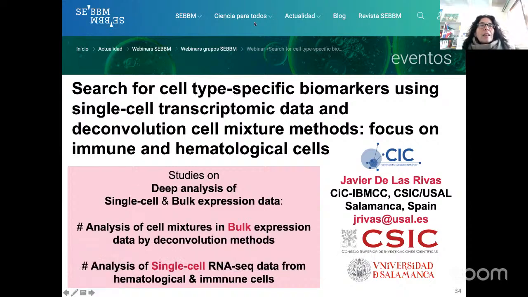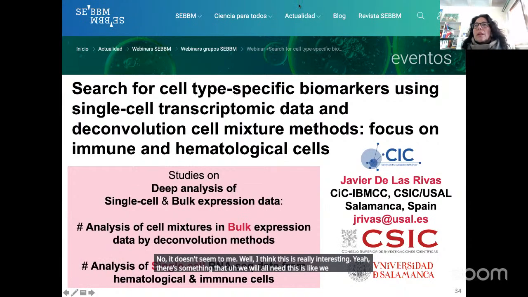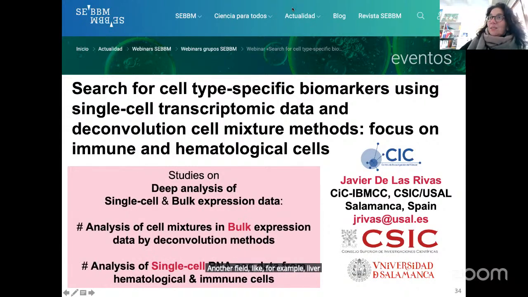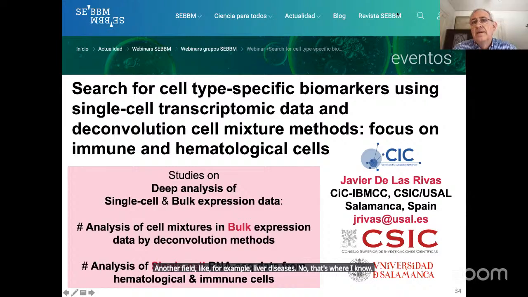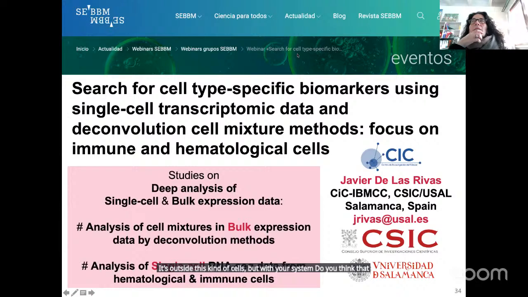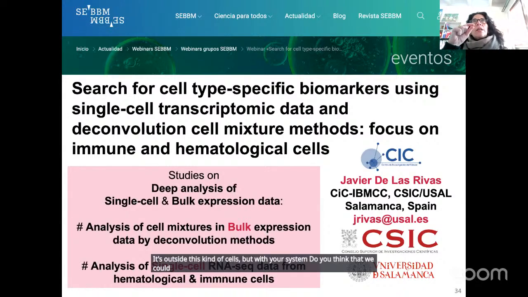We all try to do single cell or so on, even if we come from another field, like for example liver diseases, that's where I work. It's outside this kind of cells, but with your system, do you think that we could know the trajectory of a parasite that will become a tumor cell?